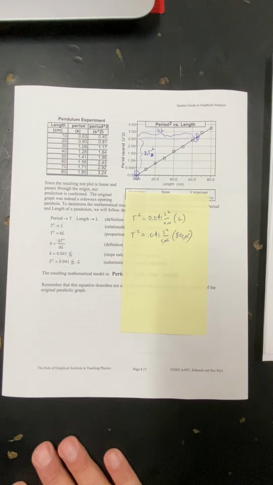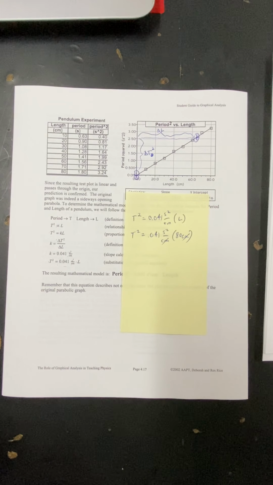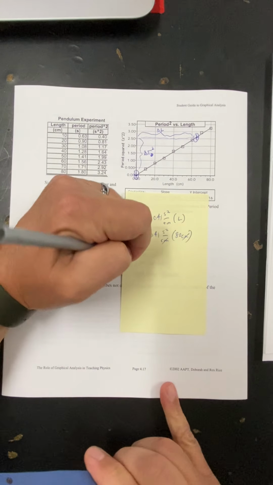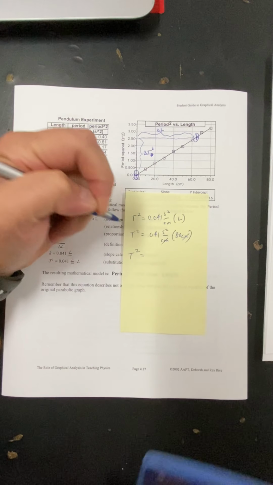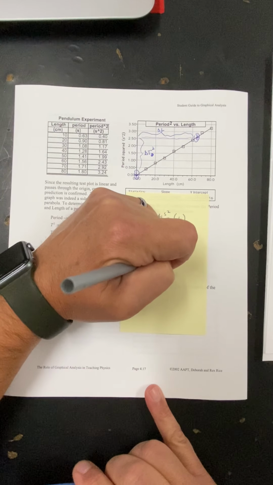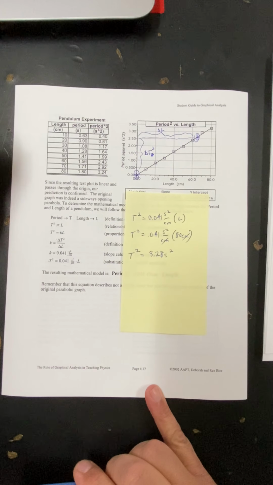And I get t squared equals 3.28 seconds squared.